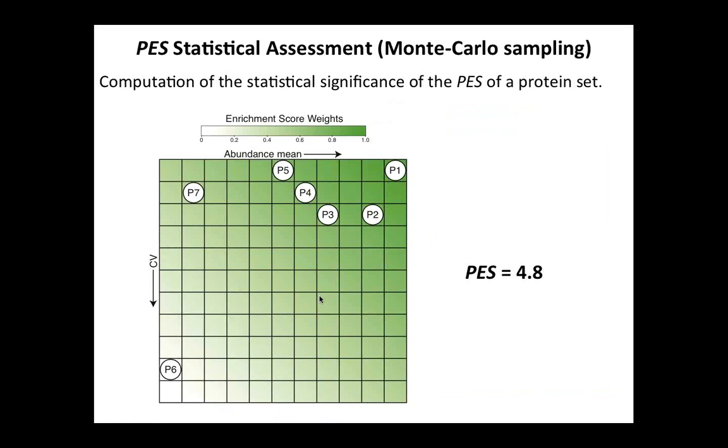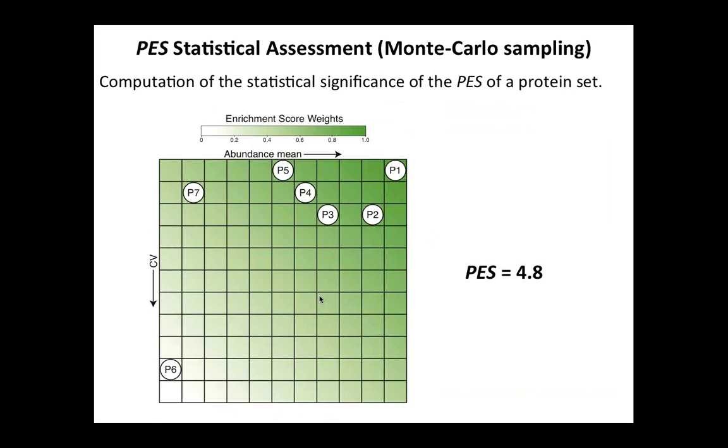Now the question that remains is, what is a good score for a set of proteins? A good protein enrichment score varies depending on the size of the protein set you're analyzing and also on the data set itself. So the strategy to evaluate what's a good protein enrichment score is to perform a statistical assessment, and we use a Monte Carlo sampling strategy.